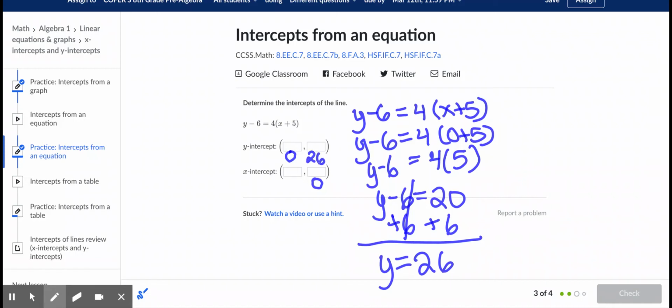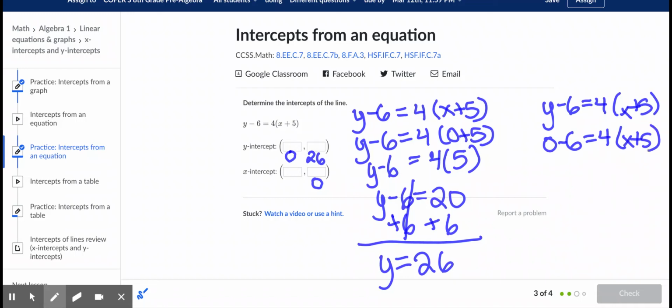Same thing with my x, except for this time I'm plugging in 0 for y. Same equation, y minus 6 is equal to 4 times x plus 5. 0 goes for my y, so now I have 0 minus 6 is equal to 4 times x plus 5. 0 minus 6 is just negative 6.